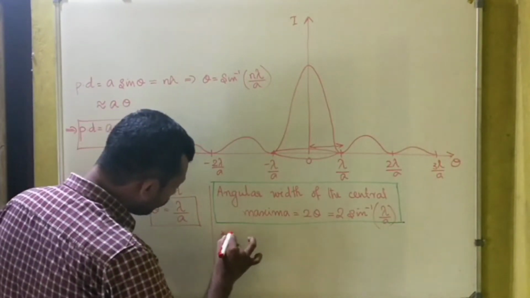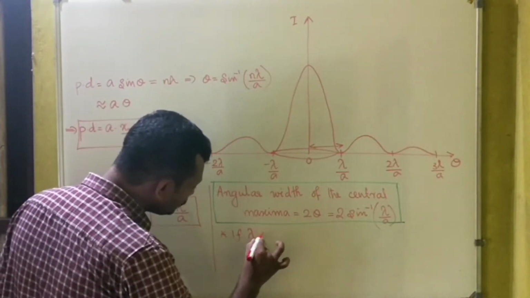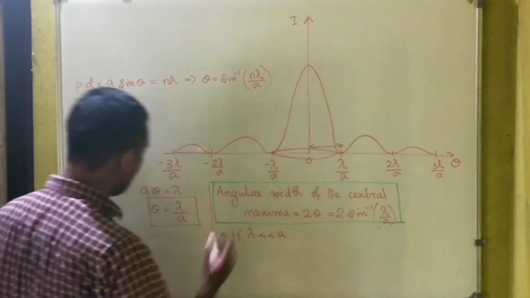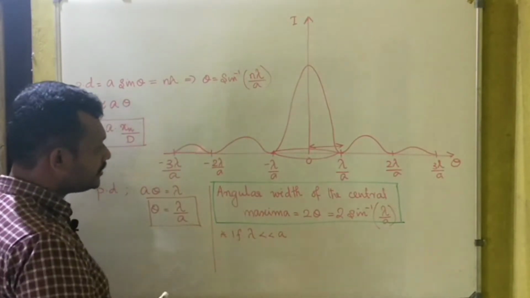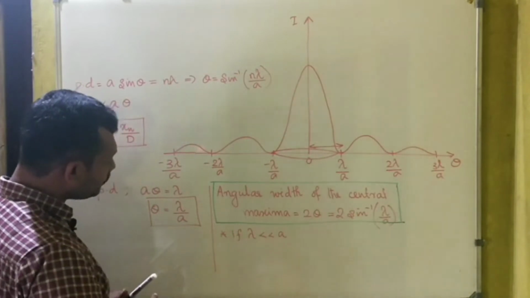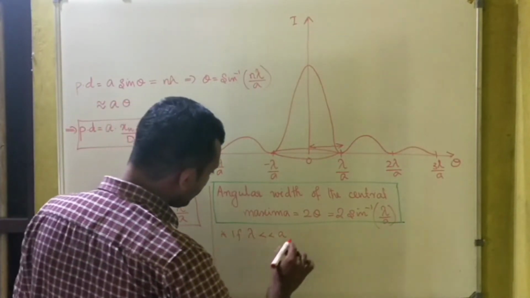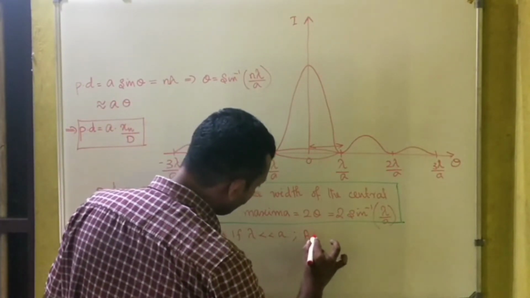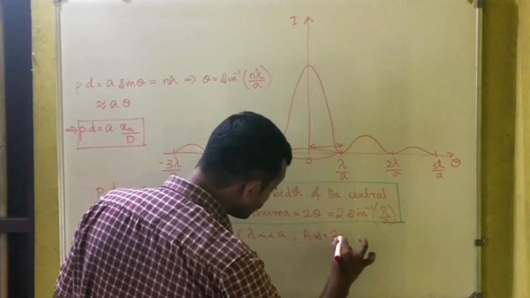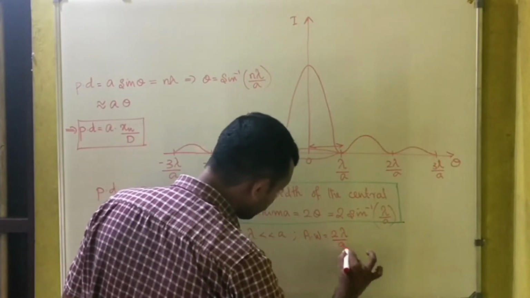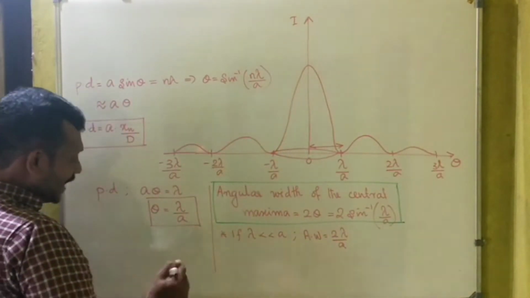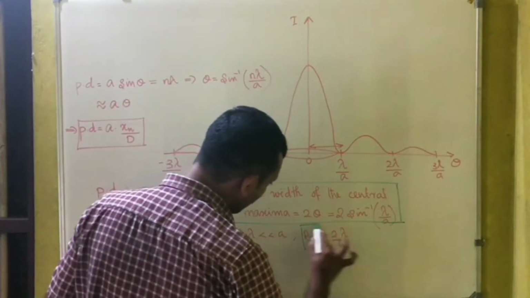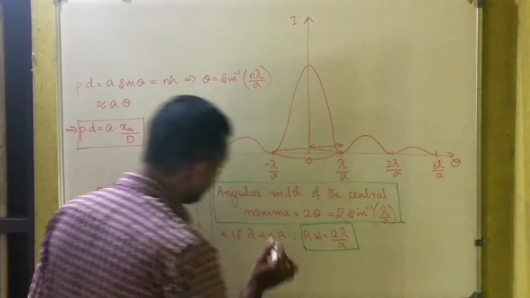Now we can say one more thing: if lambda is much smaller than a, then the angular width is equal to 2 lambda by a. Only in that case do you say angular width is equal to 2 lambda by a.